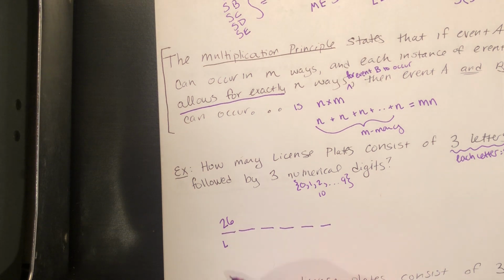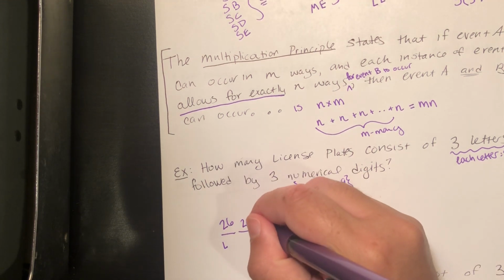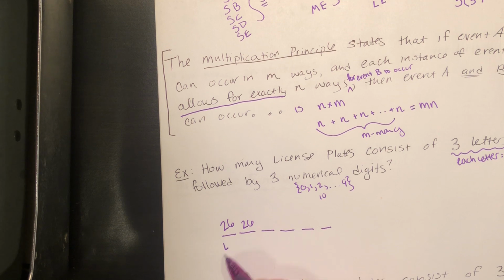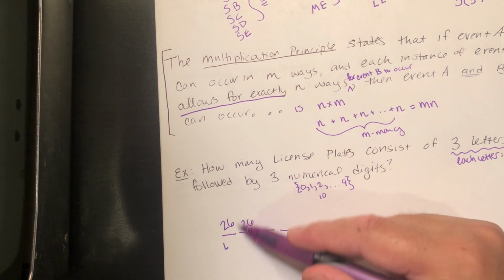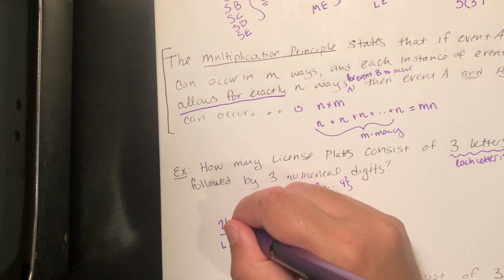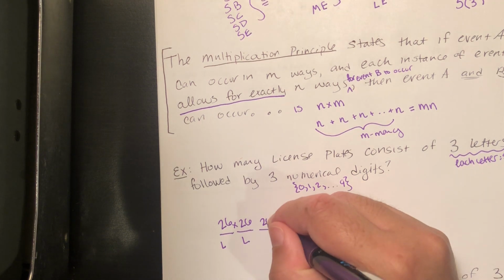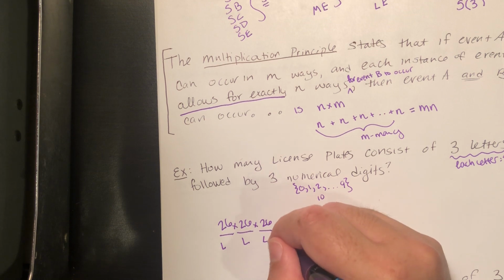And each choice that you make here, whether you choose A, B, C, etc., is going to allow for 26 more choices for the second letter, right? Because whether you start with A or with B or with anything here, you can still choose an A or a B or any other letter here. So by the multiplication principle, there's 26 times 26 ways to choose the first 2 letters. Similarly, this is going to allow for 26 choices in the third spot.